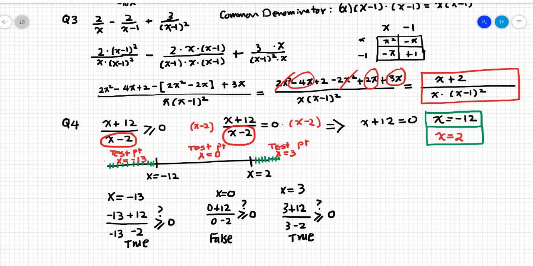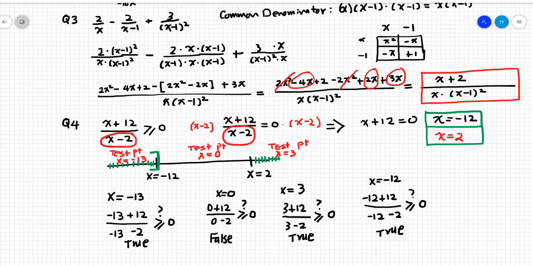Let's try x = -12. Plugging in, (-12 + 12) / (-12 - 2). Is this greater than or equal to 0? On top you get 0, and 0 divided by -14 is 0, so 0 is equal to 0, which is true. So we use the bracket here.